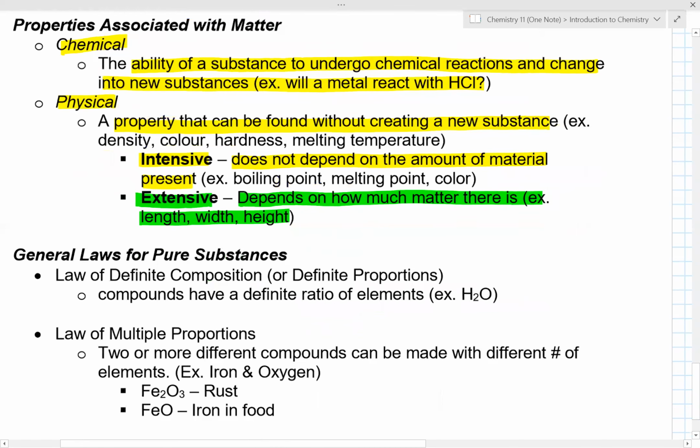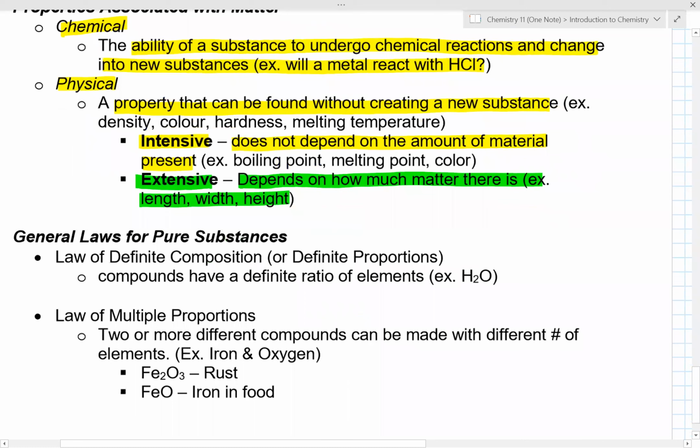And the final thing is general laws for pure substances. The law of definite composition, or definite proportions: compounds have a definite ratio of elements. For example, H2O. Water is 2 hydrogens and 1 oxygen, not 1.5 hydrogens, not 0.5 of an oxygen, but a definite ratio of 2 to 1.